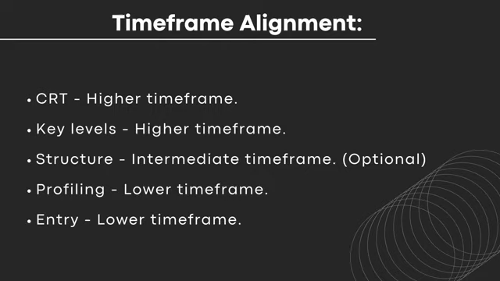Then we've got the lower time frame, which will be used for two functions: for profiling the market, meaning using market profiles to anticipate other profiles, and for taking entries and finding entry setups. That's where you're going to execute your trades. So these are going to be the three main time frames we'll use for our particular style of trading.